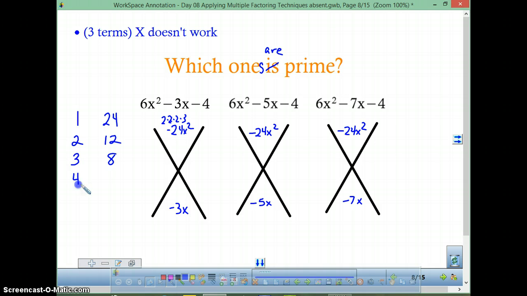Let's try 4 times 6. Any other possibilities? That's it. I know that I need more negatives than positives. I know since the top is negative, I need one negative, one positive. So let's put negatives here, here, here, and here. Do any of these pairs add up to negative 3? No. This one is prime.